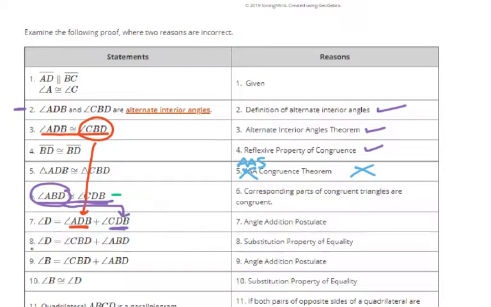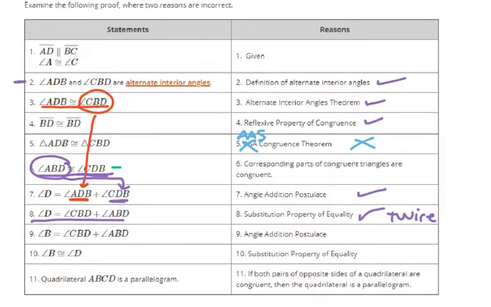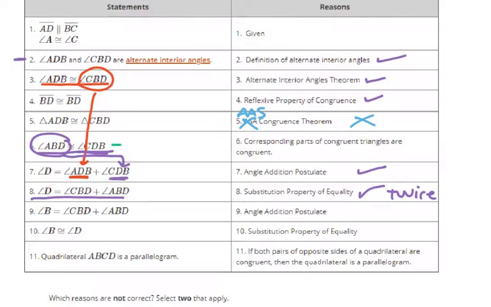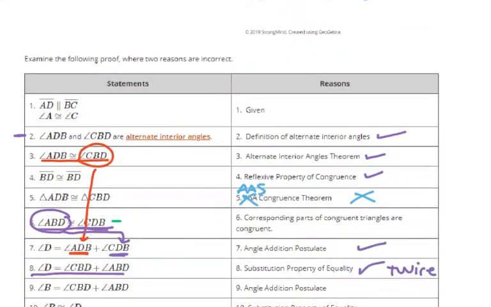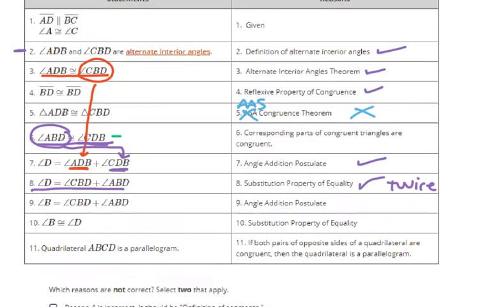So then we get this new statement right here, which is true. So first of all, angle addition postulate, that worked. We substituted twice on this one. And then at the same time, we also said what angle B added up to, which is also true.